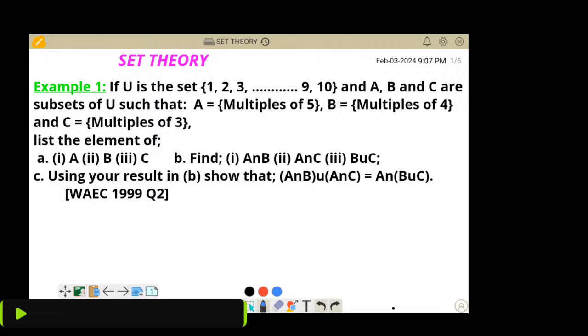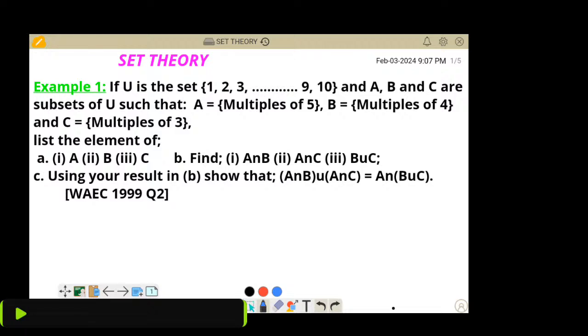That's why we have the word A is a subset of U. That is not multiples of 5 outside 1 to 10, or outside the set U. Similarly, B is multiples of 4 between numbers 1 to 10, and C is multiples of 3. So let's see how we solve this by listing out the elements of A, B, and C. That is the first part of our question.